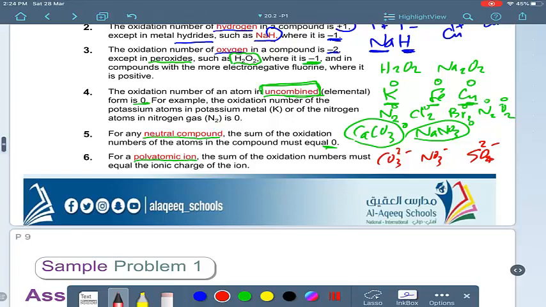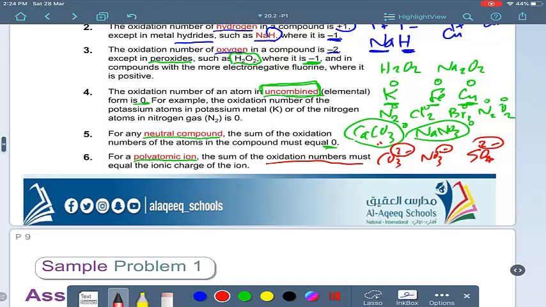The summation of oxidation numbers for a polyatomic ion is not equal to zero like compounds, but the overall charge of the whole polyatomic ion is the same as its charge. So the overall charge of a polyatomic ion is the same as its charge, negative 2 here, negative 1 here, negative 2 here, and so on. This is rule number 6.